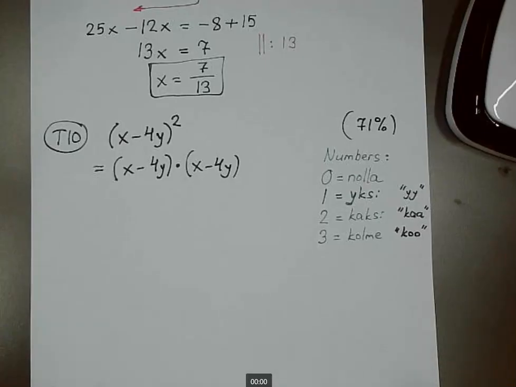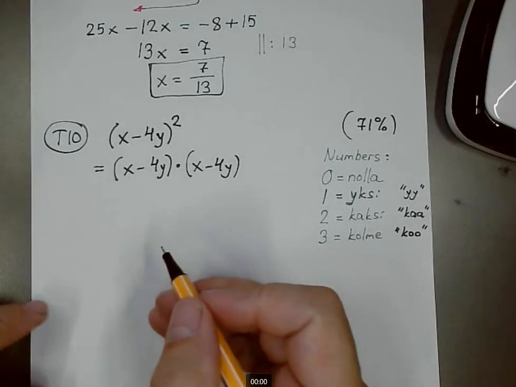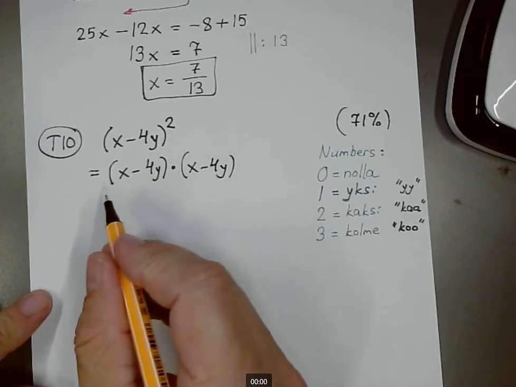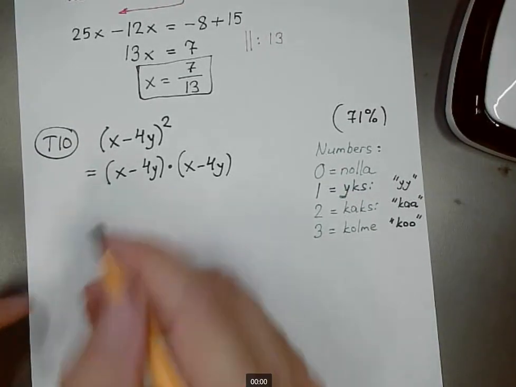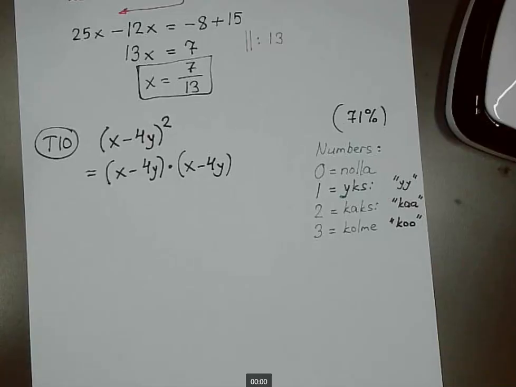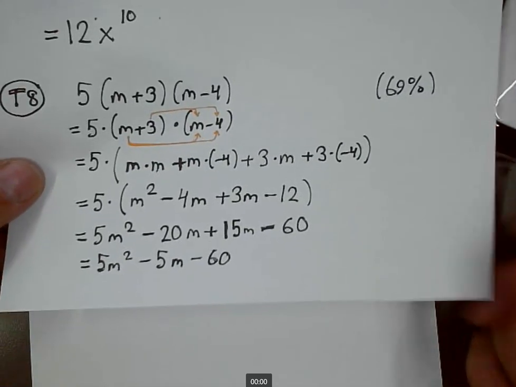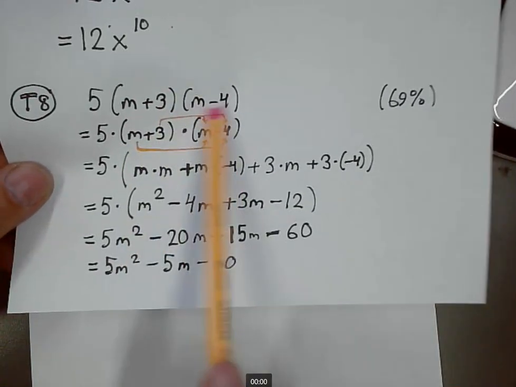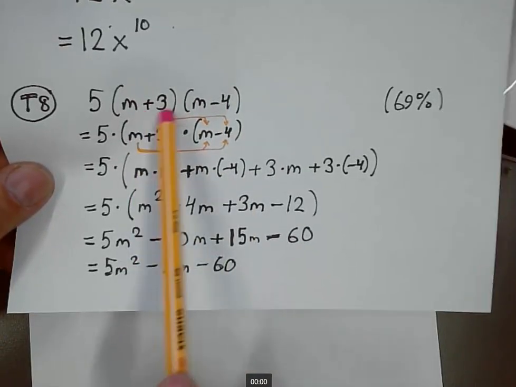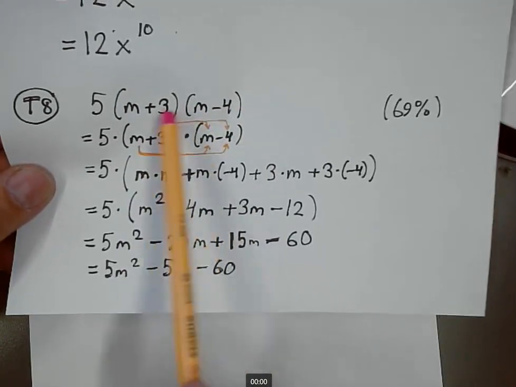Well, in this case we continue this example. We have this multiplication here, so we will do almost the same as we did in problem 8. We had this kind of problem, and we had this multiplication, but those were not identical expressions.